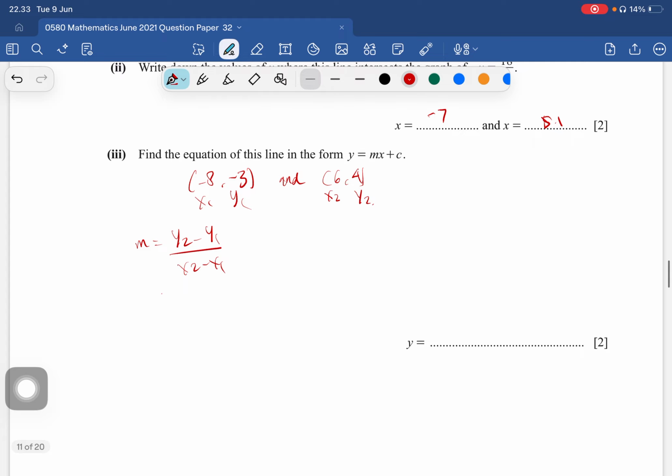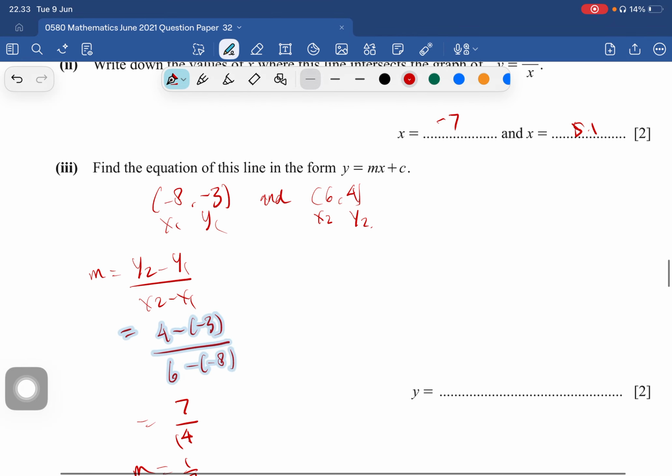Substitute the values: 4 minus negative 3, divided by 6 minus negative 8. So here is 7 divided by 14, so the gradient is 1 over 2. We simplify.